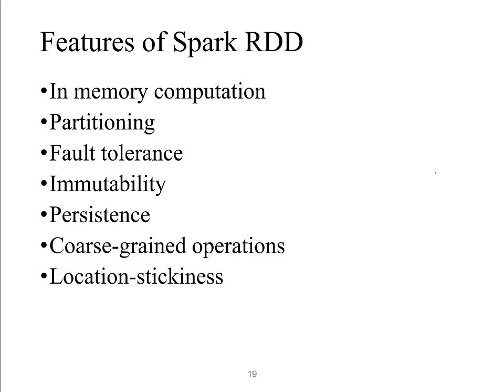For partitioning, partitioning is the fundamental unit of parallelism in Spark RDD, where each partition is a logical division of the data, and the user or the programmer can create a partition through some transformations on existing partitions.